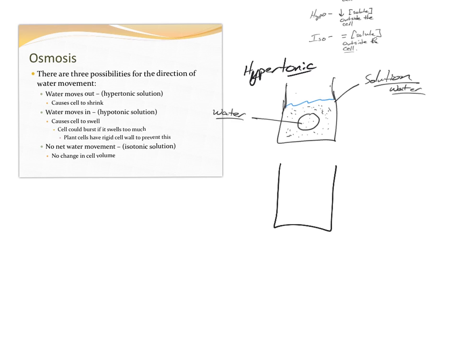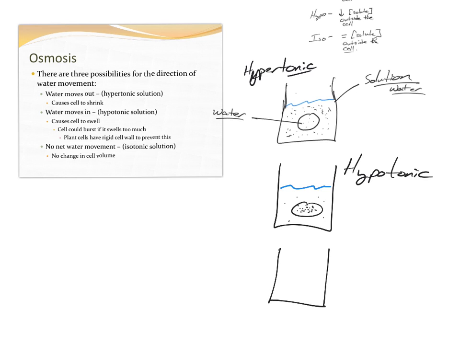So let's go ahead and do another cell, and this time, which one's more concentrated? Inside. So what's this? Hypo. Tonic.